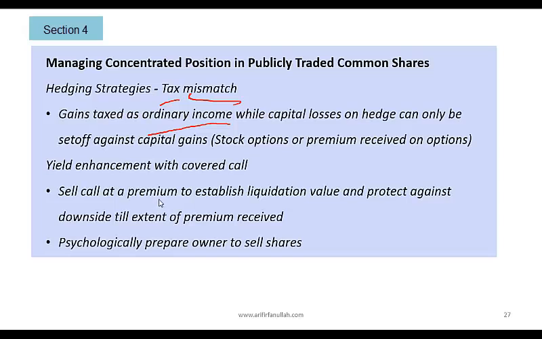Capital gains are taxed at 10%. Your ordinary income is taxed at 30%.